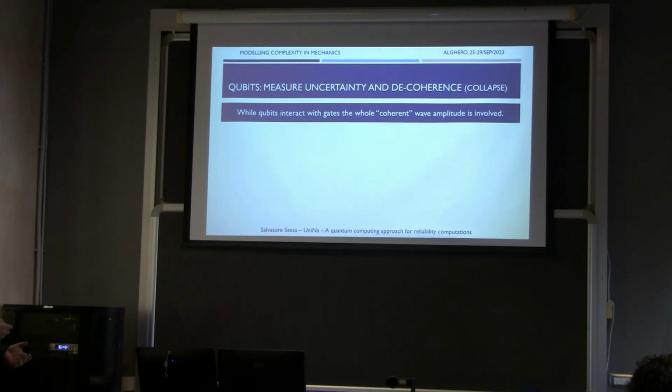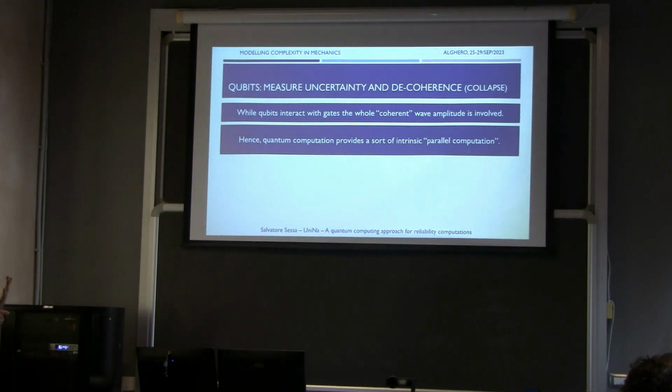An important property of qubits is that when quanta interact with quantum gates between themselves, the whole coherent wave amplitude is involved. So there is no collapse until I get a measure. If I do computations by some quantum circuit, the whole information is transmitted by the quantum transistors.